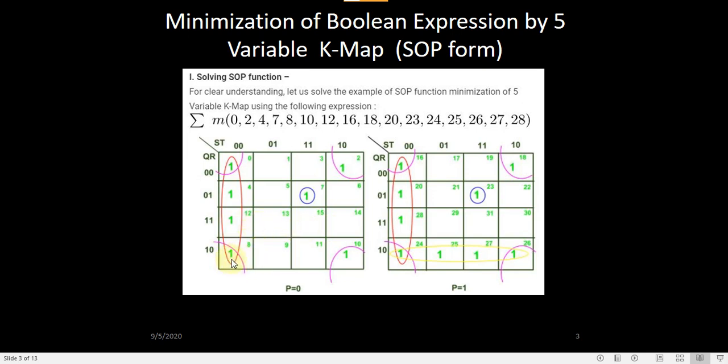Coming in the last row, 8, and 9 is not there, 10 is there, 11. Then coming to this row, 12 is there, 13, 14, 15 is not there, and then you have 16, 18, 20, 23, 24, 25, 26, 27 and 28. So we have put ones on all the places here.